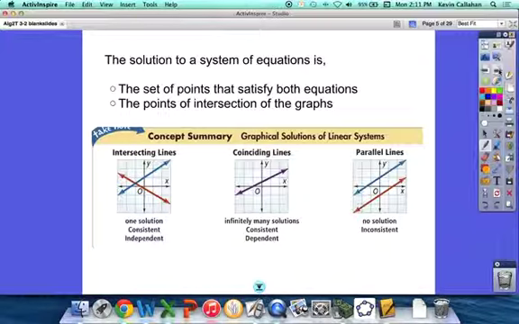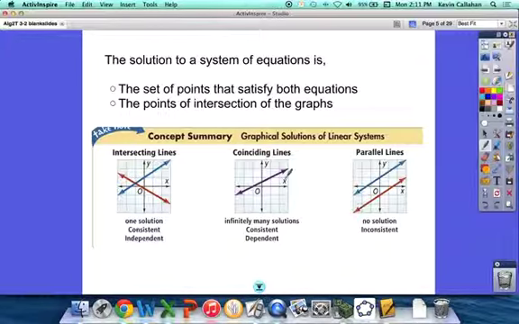So when you're dealing with a system of linear equations, those 2 lines in the same plane, if their slopes are different, then those are going to cross in one spot, one point. That one has one solution. If their slopes are the same, then you have one of 2 possible situations. Either they're parallel, means they never touch, which means there's no solution, or they're actually right on top, one right on top of the other, which means every point that's on one line is on the other line, which means there's infinitely many solutions.